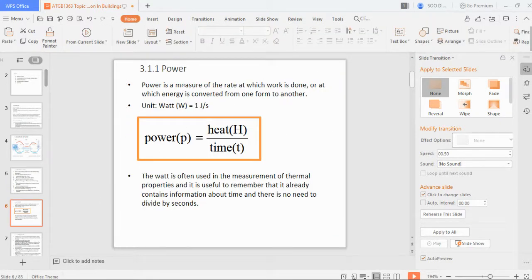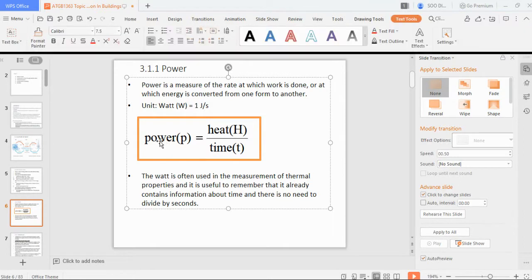Okay, so you have power, which is a measure of the rate at which work is done or at which energy is converted from one form to another. This power is represented by P. It's a measure of how much work can be done using this energy.